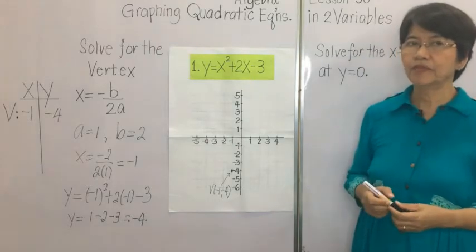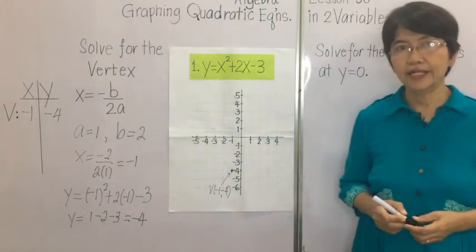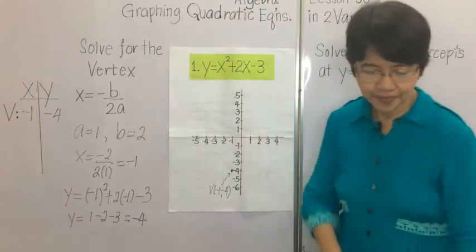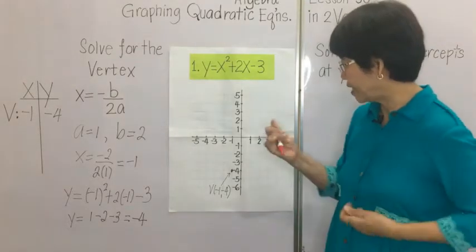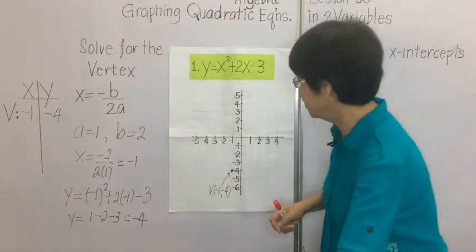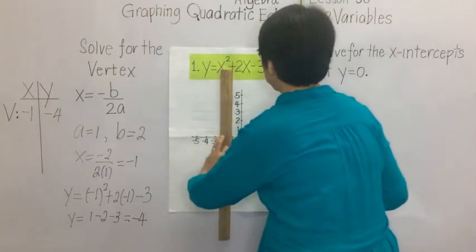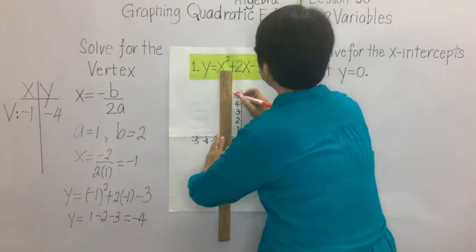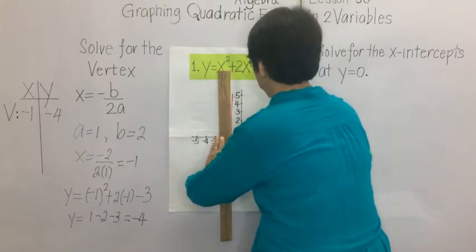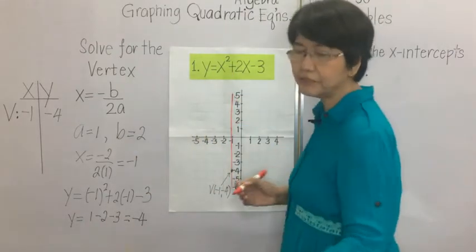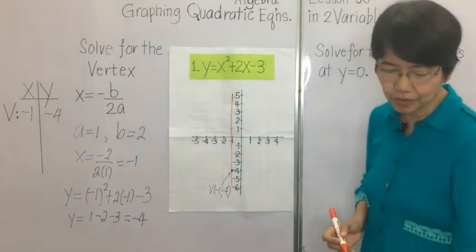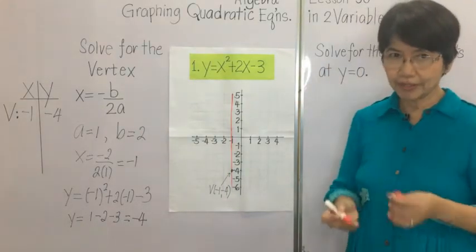And then we also indicate the line of symmetry at the x value of the vertex. The line of symmetry will guide us to locate the other points of the parabola.